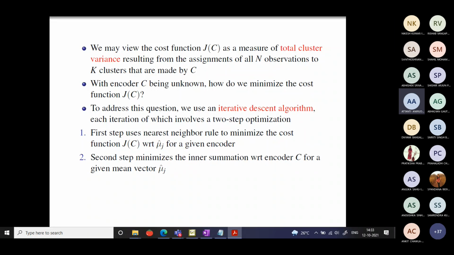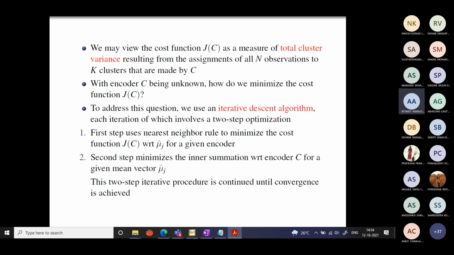The second step of this iterative descent minimizes the inner summation with respect to encoder C for a given mean vector mu j. Remember that mu is not only one value, it's a vector, basically an array of values. We'll see that. So this two-step iterative procedure continues until convergence is achieved.